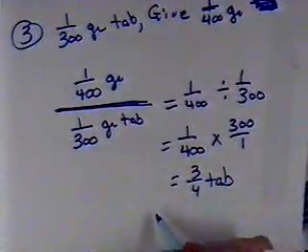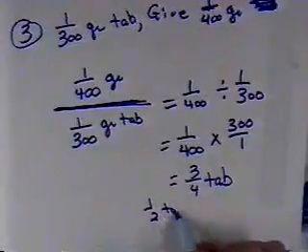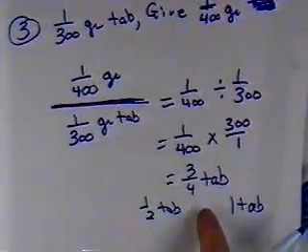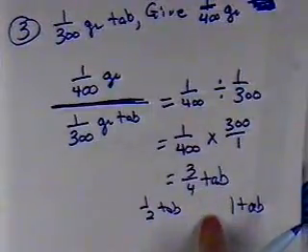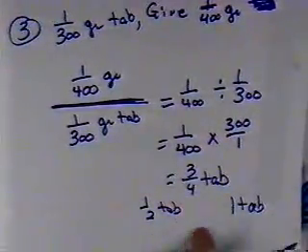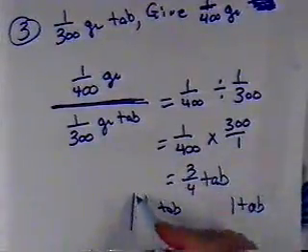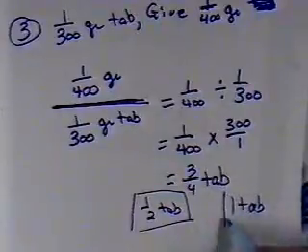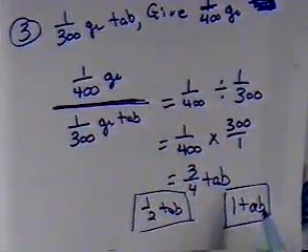Now, when you ask yourself, is that closer to 1/2 of a tablet or is that closer to 1 tablet? This is exactly in the middle. This is the only time I will accept either answer. If you put 1/2 of a tablet, I will accept that answer. If you put 1 tablet, I will accept that answer.